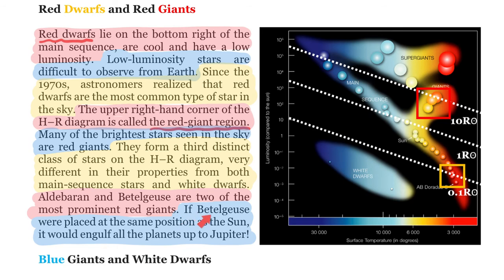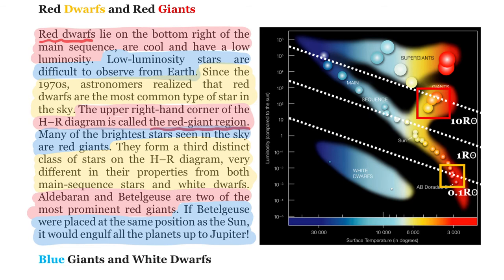To give you an idea of the scale of these behemoths, these monster stars, if Betelgeuse were placed at the same position as the Sun, now you can fit 1.3 million Earths into the Sun, approximately. Now, if you put Betelgeuse where the Sun is, it would engulf all the planets up to Jupiter.